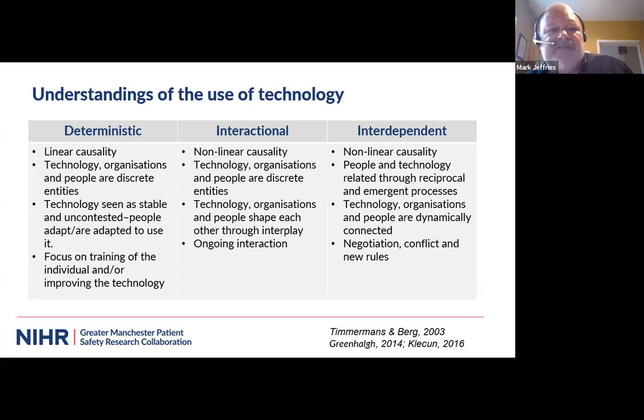Interdependent theories tend to see people and technology as reciprocally and recursively related, so there is a process happening. Technology and the implementation of technology, therefore, is a social process, and there is this dynamic connection. As a consequence, there's negotiation, and perhaps conflict, when we bring technology into these things. Next slide, please.